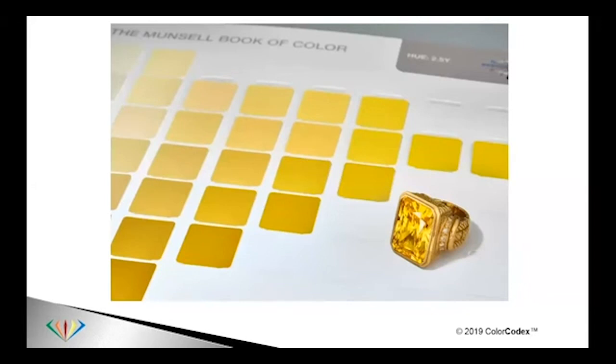The first thing that strikes you is this is a transparent faceted gem. And so the appearance of a transparent faceted gem is hard to translate against an opaque flat paint chip. At the same time, the nuance of the hue of the color is not well represented on this page of the Munsell color book, but this was the best match we had. And there's an intensity or a vividness to the color, which also you don't see represented on this page. And this is in the yellow region of color.